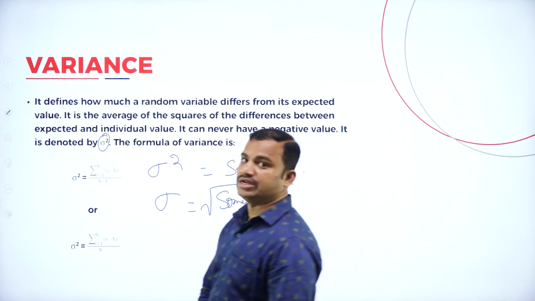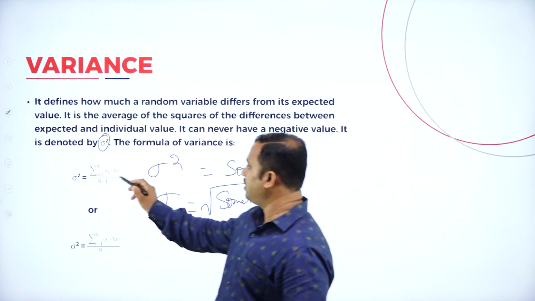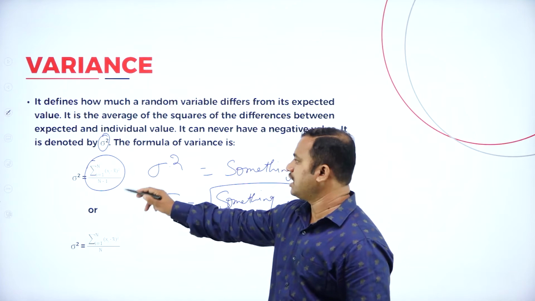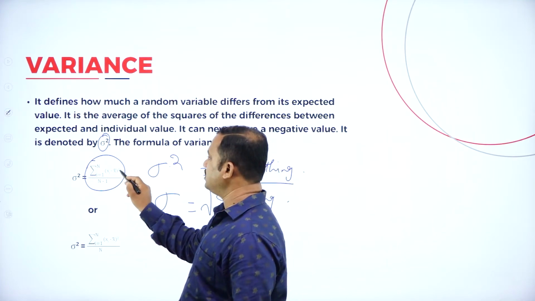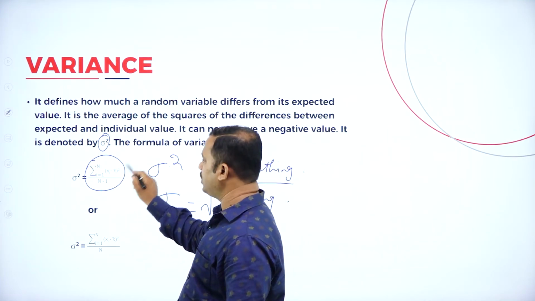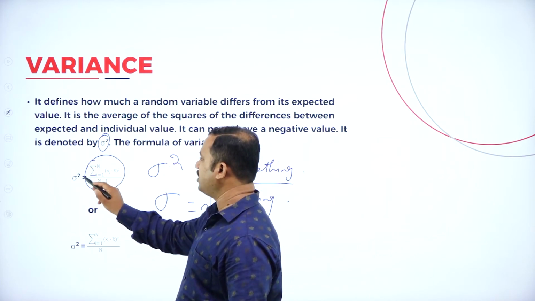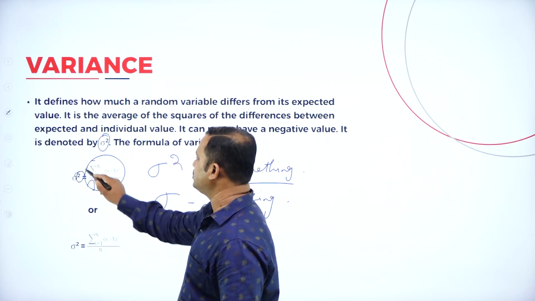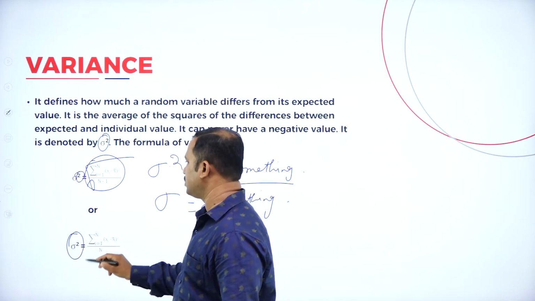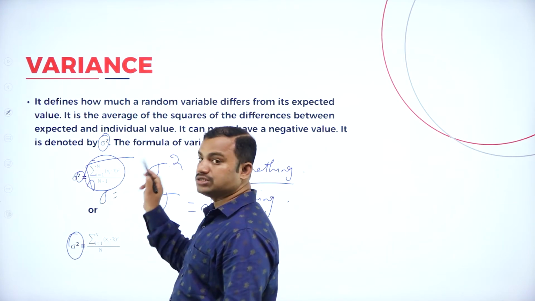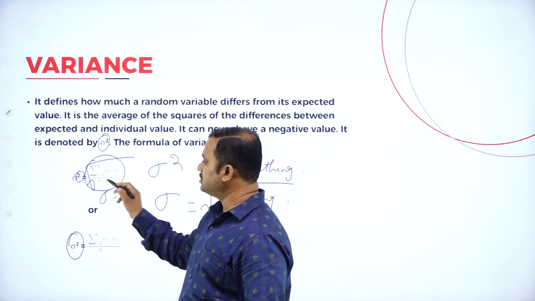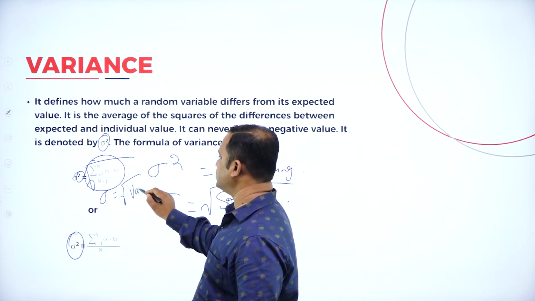That is the thing we need to notice. Sigma square is equal to summation i equal to 1 to n of x minus x bar, that is the mean, whole square, by n minus 1. If I bring this square under the root, that becomes sigma. Sigma is equal to the standard deviation, that is, the square root of variance.